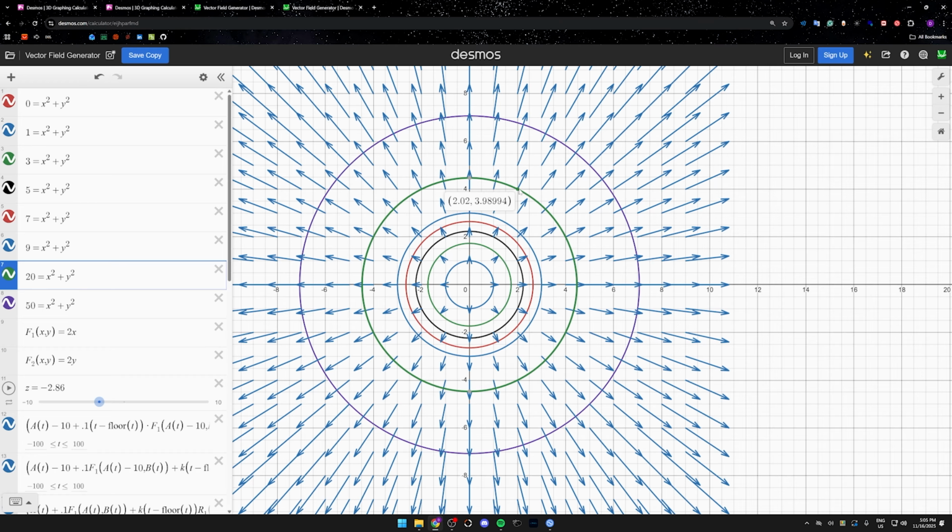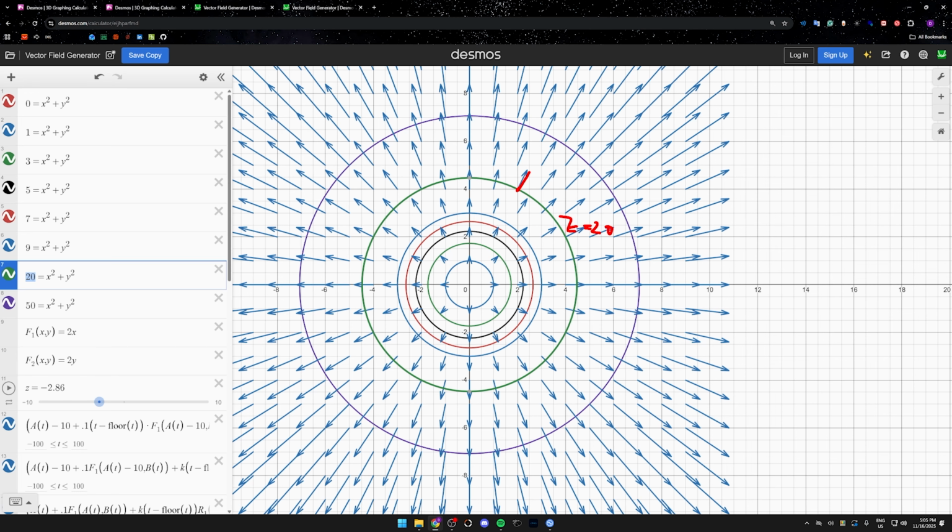So at 2, 4, we are at level curve z equals 20. And we are standing right here.